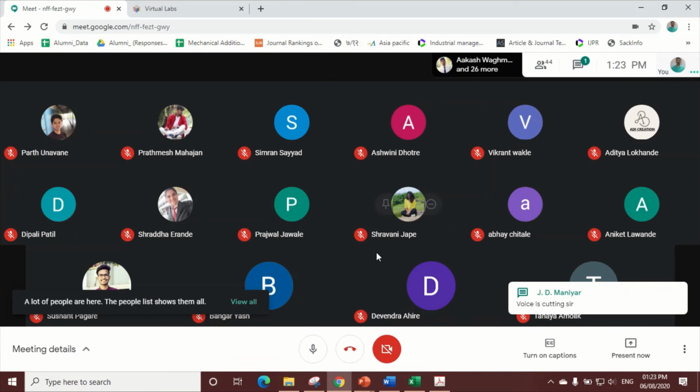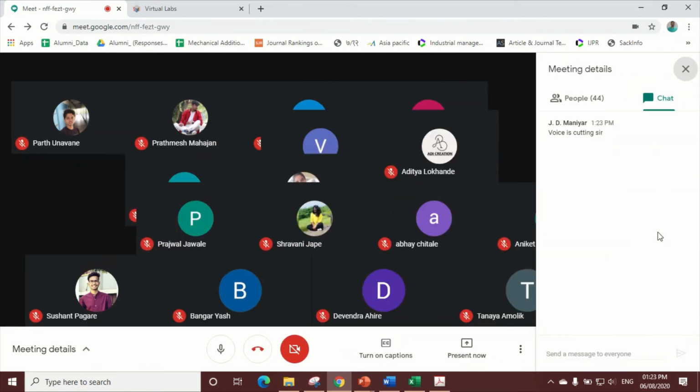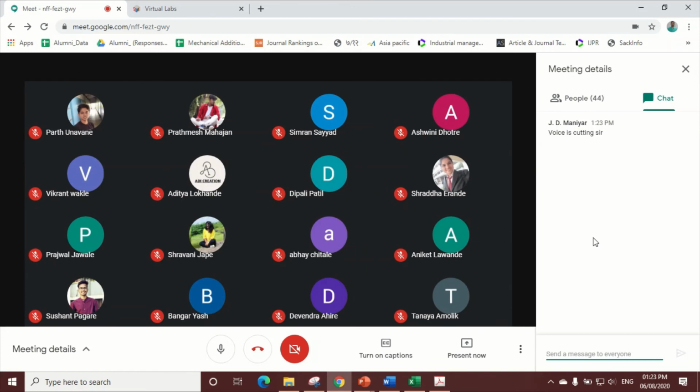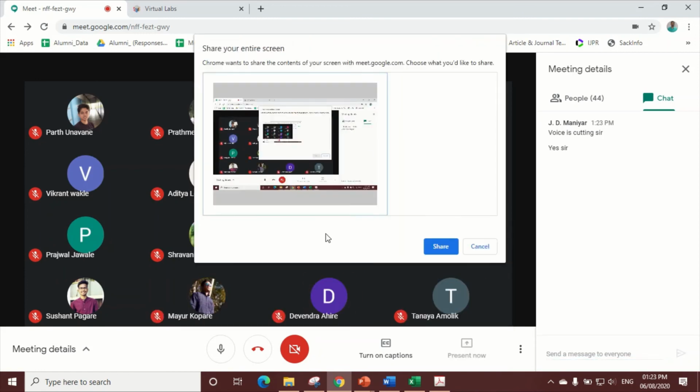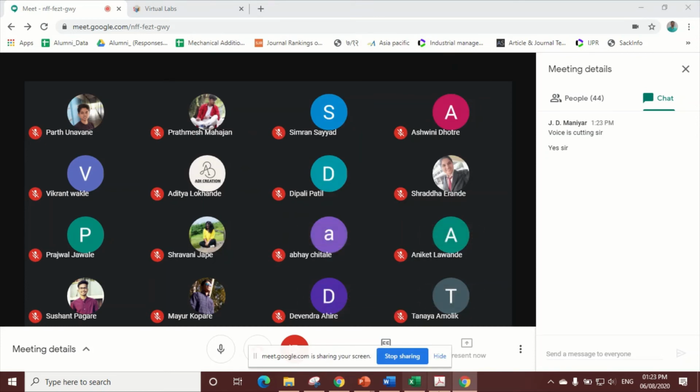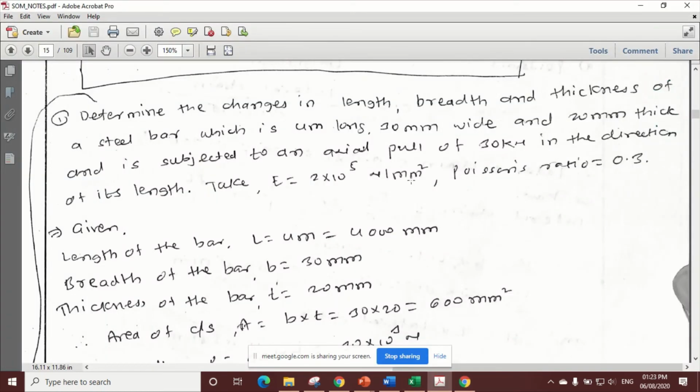Hello. Am I audible now? आवाज येतो क्लियर आता? So we'll solve the same. We'll use same formula to find out to solve this numerical. हे दिसतंय विजिबल आहे. Determine the changes. हे दिसतंय का? Hello.